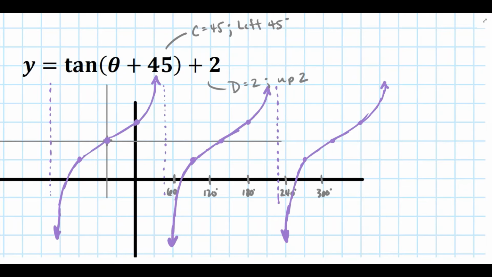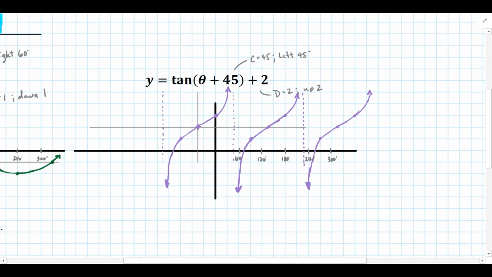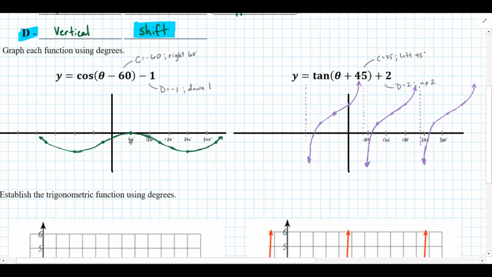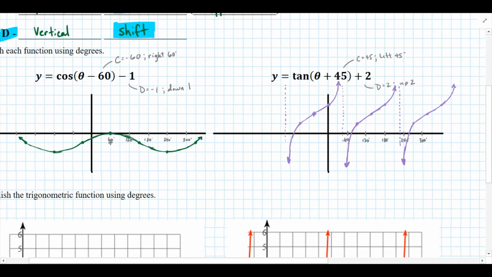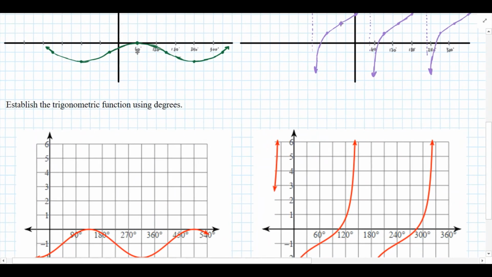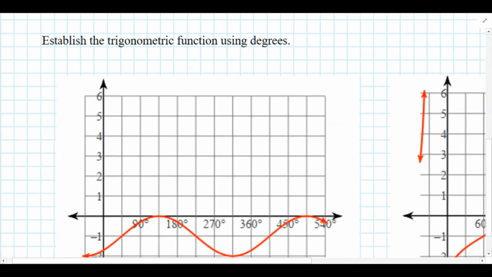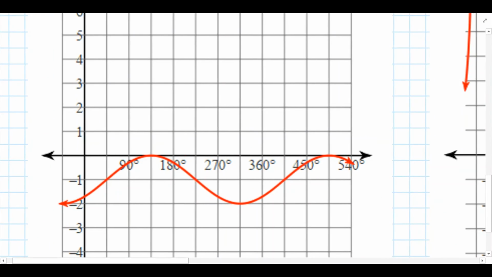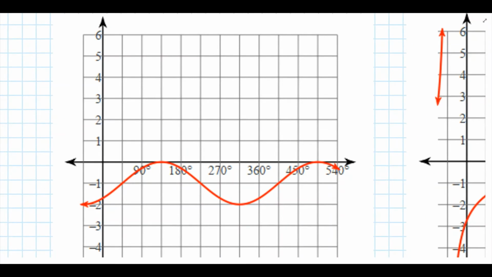To better understand the true representation of these graphs, it would be a good idea to erase your temporary axes. In the last two examples, I would like to establish the trigonometric functions. In the example on the left, we have a wave function that could be either sine or cosine.